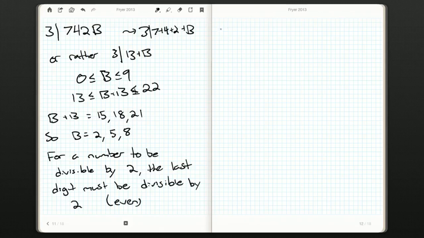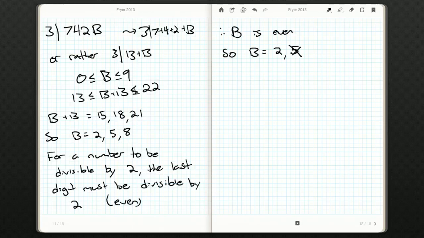Well, B is the last digit. Can't be 5. It can only be 2 or 8. So B could be 2 or 8, and those are the only possible values. And if we wanted to, we could double check that 7428 is divisible by 6. Yeah, it's 1,238 times 6.